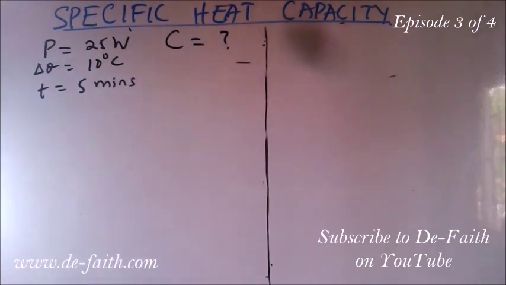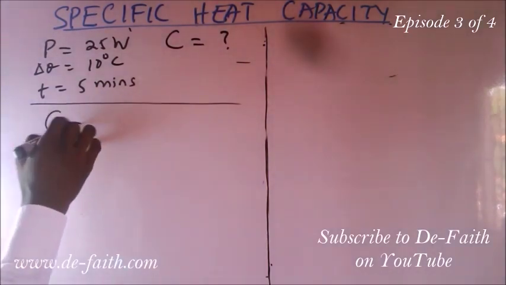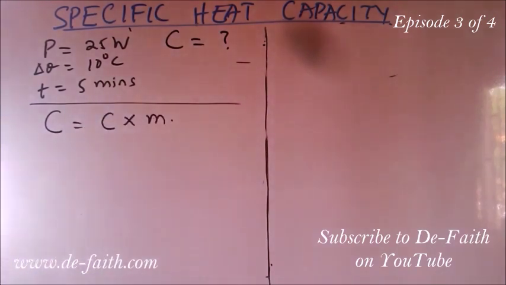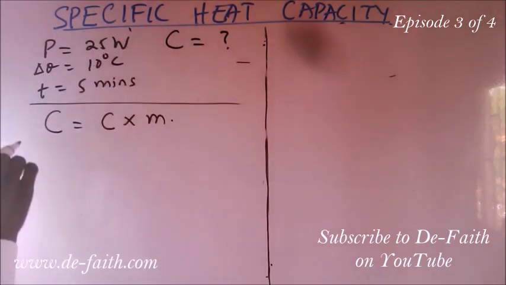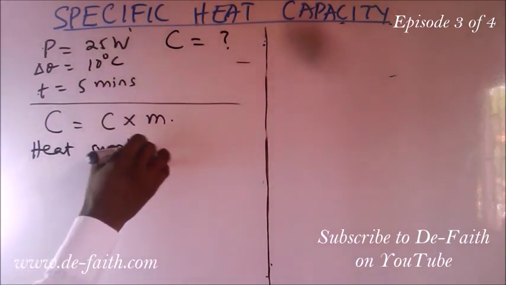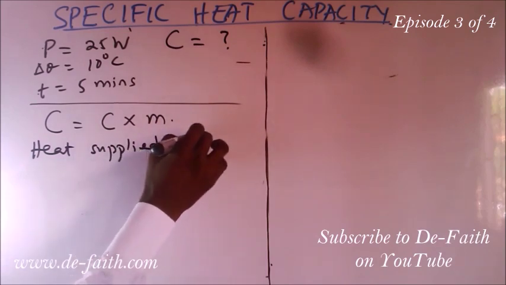From this question, we know that heat capacity equals specific heat capacity times mass of the aluminium. Then from the question, we're given power and we're given time. So from here we can calculate the quantity of heat that was supplied. Heat supplied equals PT.